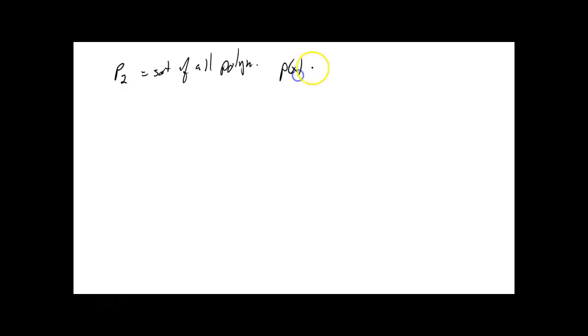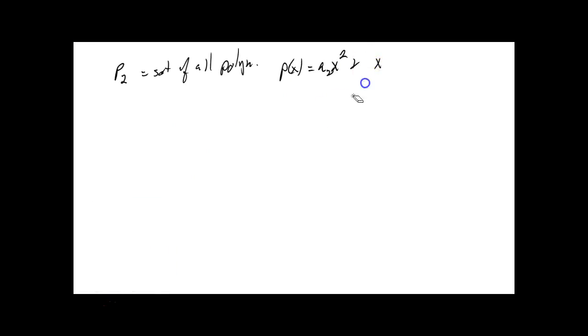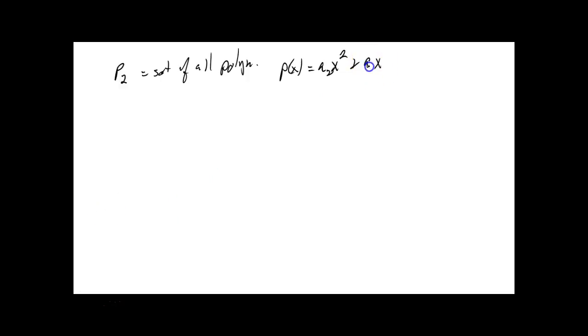P of x is equal to a2x squared plus b2x, I think. No, they're using a1x. Okay. I was thinking, where are they going with that? I misread it. a1x plus a0.